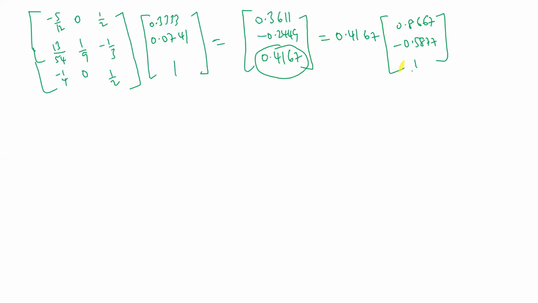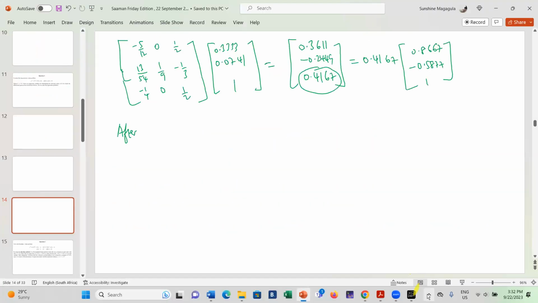Right, after 2 iterations, we estimate the dominant. Okay, we've done just 2 iterations. Let me maintain this one. Right, so after 2 iterations, we have the following.